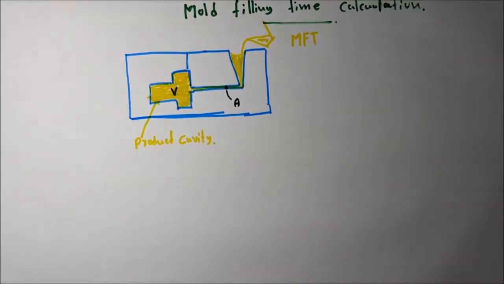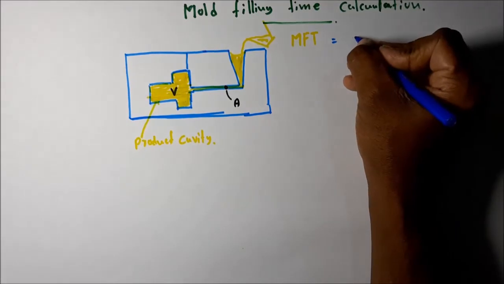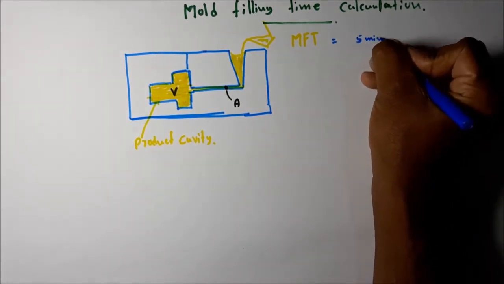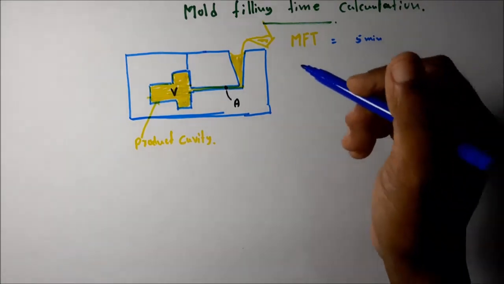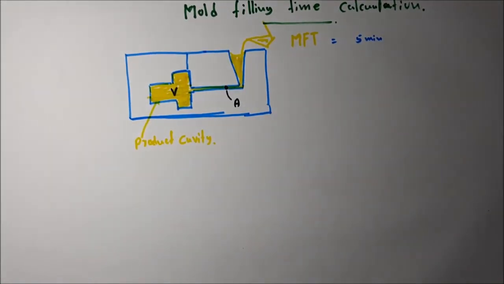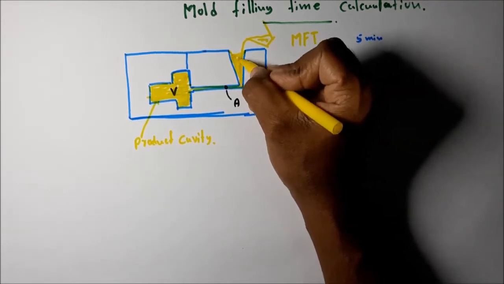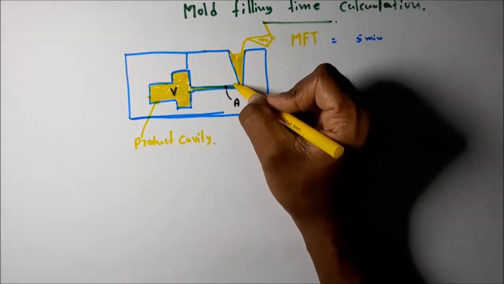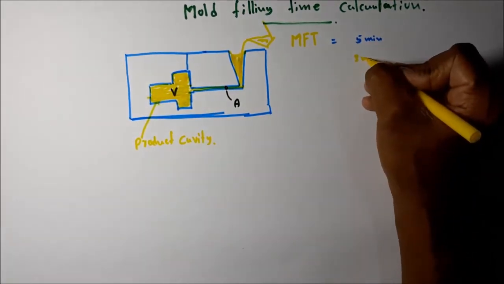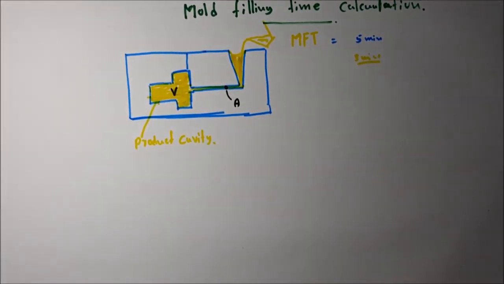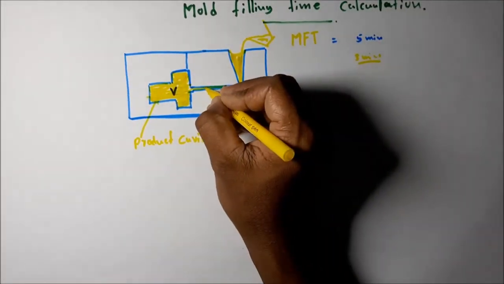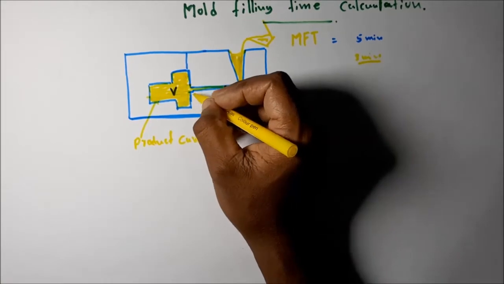Let's take, for example, that in the calculation we got the mold filling time as 5 minutes. When pouring the molten metal, if we notice there is no further flow of molten metal through the sprue after 3 minutes, what does it mean? There is a block in the main runner or the gating system.